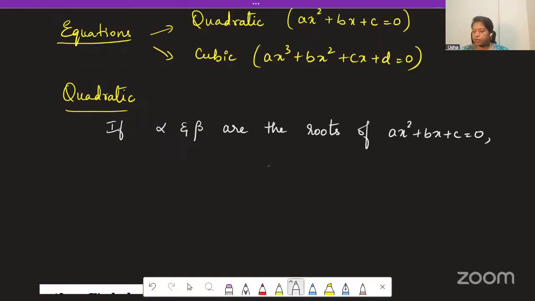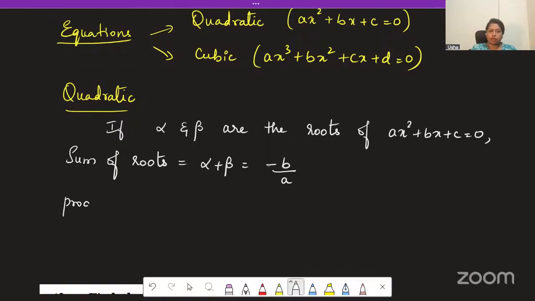If alpha and beta are the roots of the quadratic equation ax square plus bx plus c equals 0, the sum of the roots is alpha plus beta, which is minus b by a, and the product of the roots is alpha into beta, which is equal to c by a.